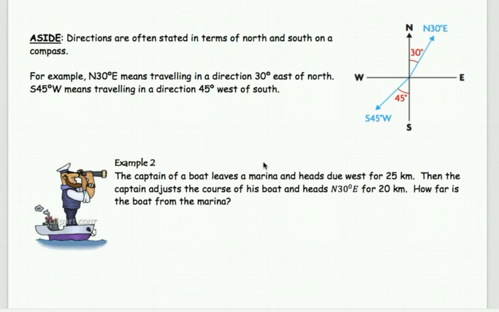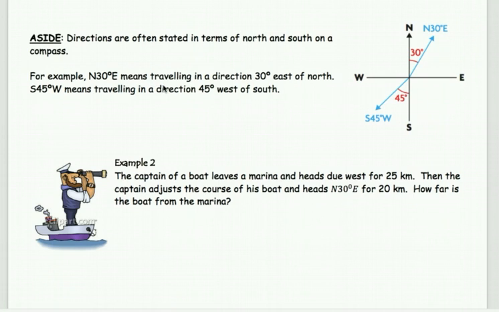Okay, so we're going to continue with some more trig problems here. Again, we're looking at directions on a compass and so forth, so it just gets a little more complicated, so I just wanted to point out, kind of practice with you here what you need to do. So directions are often stated in terms of north and south on a compass, okay? So you'll see things like N 30 degrees E. Okay, so what does that mean?